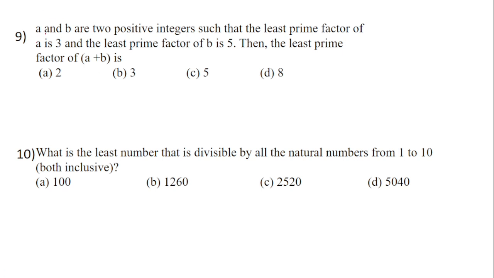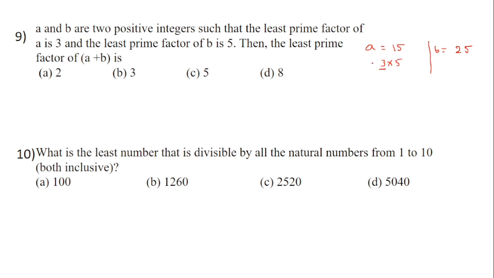Question number 9. A and B are two positive integers such that the least prime factor of A is 3 and the least prime factor of B is 5. We will find this answer by considering two numbers. Suppose A is 15 and B is 25. So the prime factorization of A is 3 into 5.